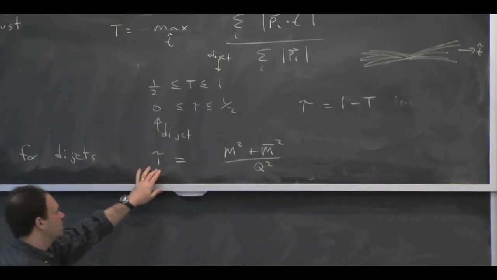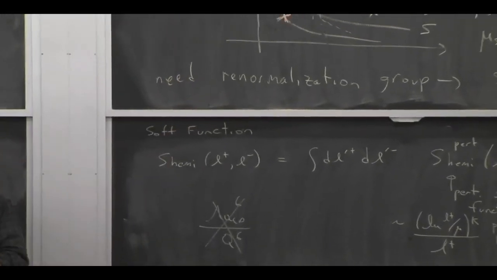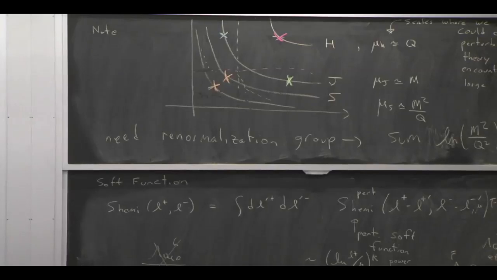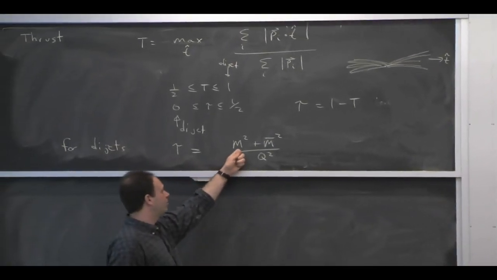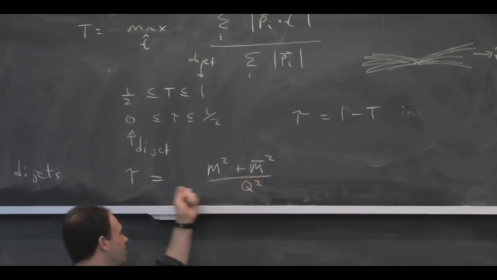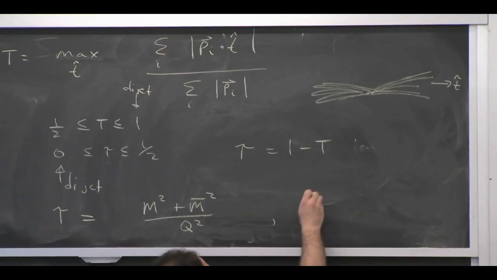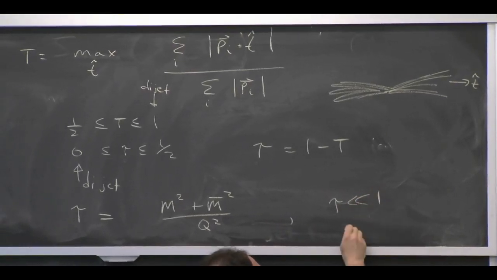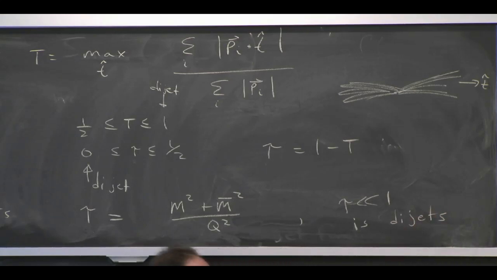So this is an observable which is simply a symmetric projection of our previous two-variable observable onto a one-variable observable. If we demand that tau is small, that's demanding both m squared and m bar squared are small, because they're positive quantities and we're just summing. So demanding that this is small is demanding that both of those variables are small. So tau much less than 1 is also a way of getting dijets, and that's a way of getting dijets with one variable rather than two.